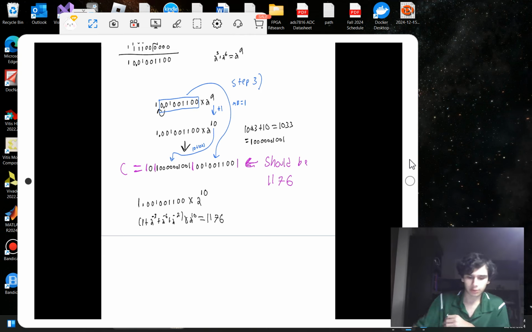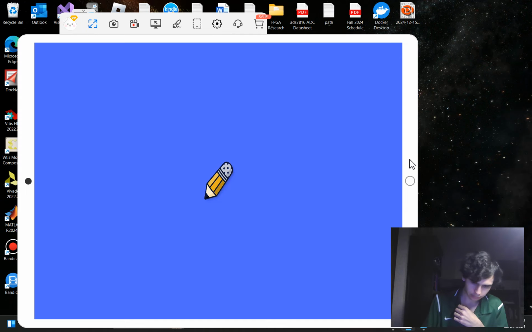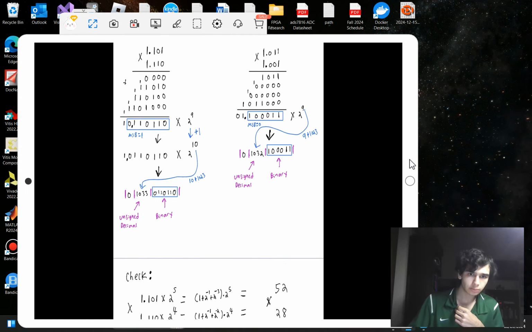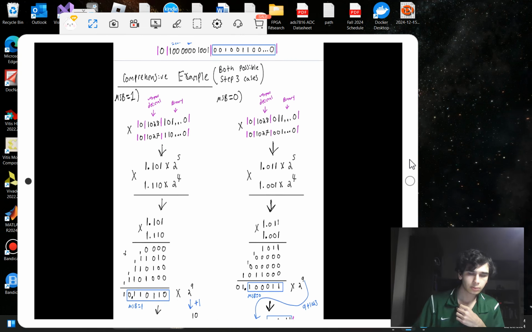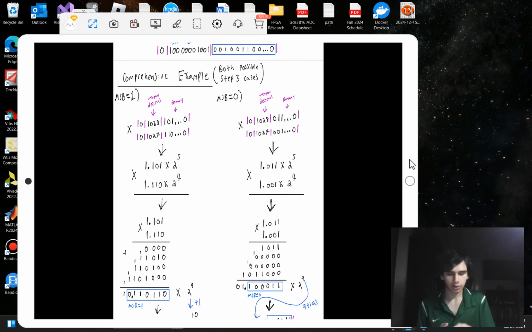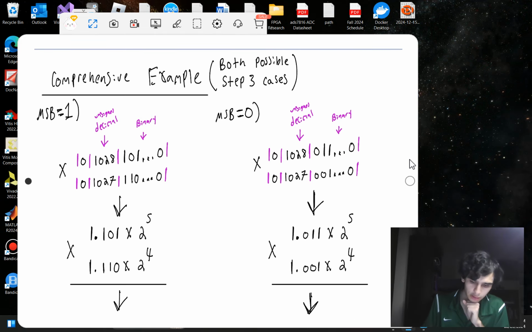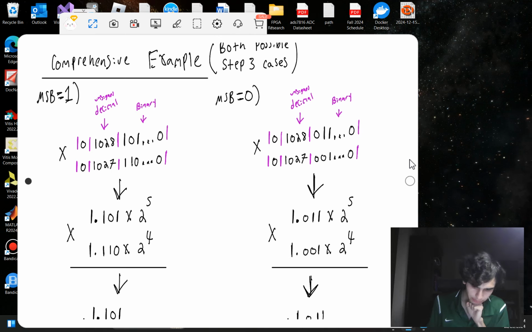I'll pull up a different example real quick. So this is a very comprehensive example. Shows two possibilities.